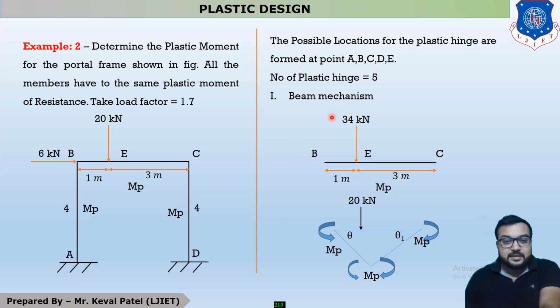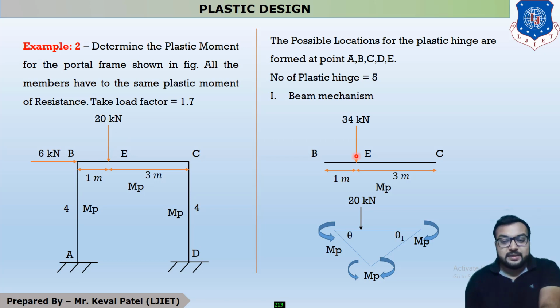In the beam mechanism you can see that there is one load acting at 1 meter from support B. The value of this load is 20 kilonewton, but this is the working load. So now we convert it to the factored load. The factored load is 34 kilonewton.